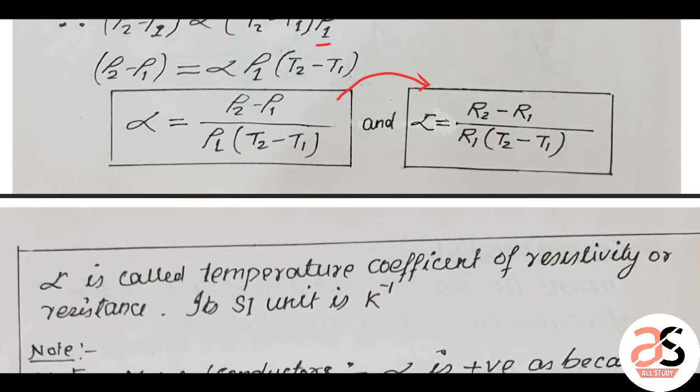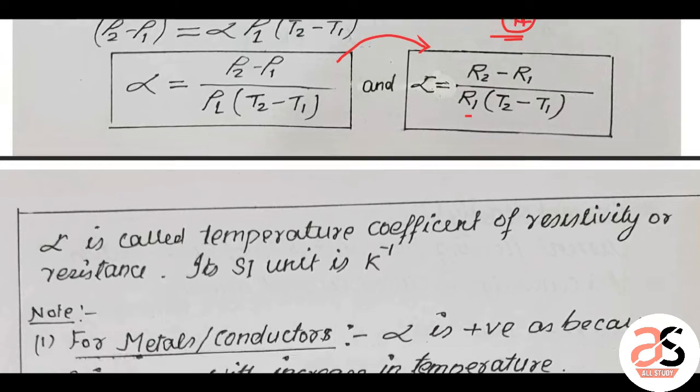This can be converted, because resistivity can be written in the form of resistance and length by area, L by A. The L by A will get cancelled out. So this is R2 minus R1, and in place of rho 1 it becomes R1, into delta T, T2 minus T1.